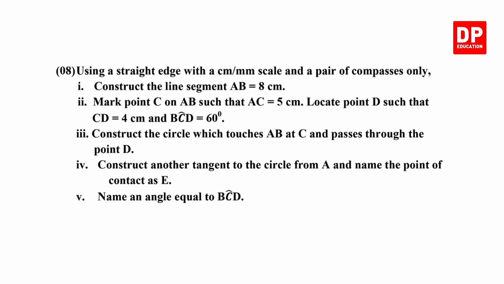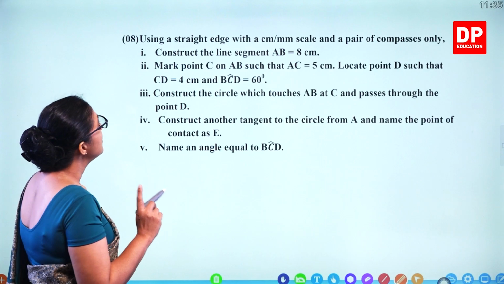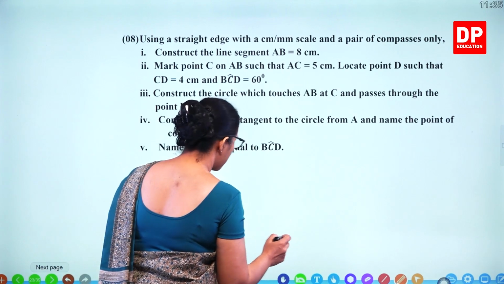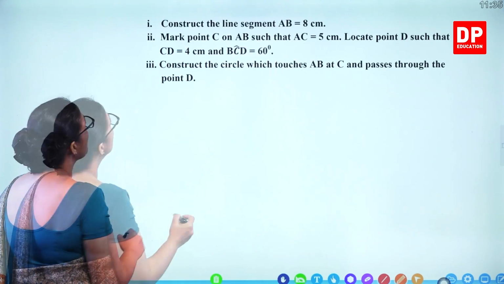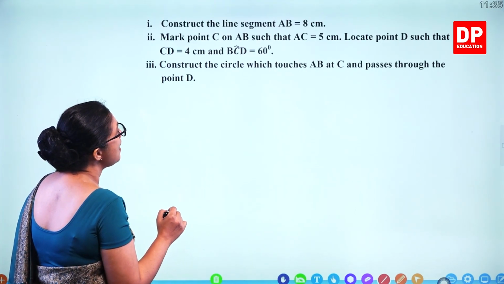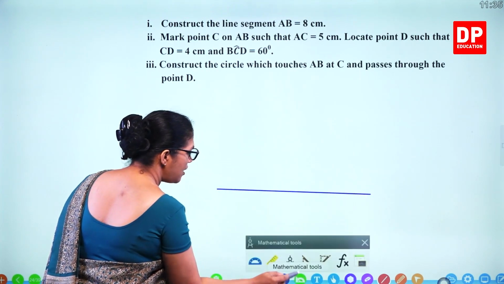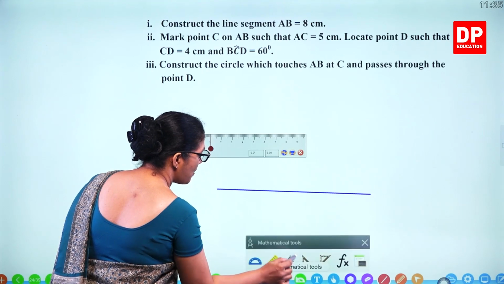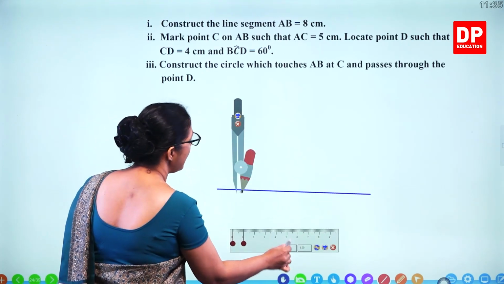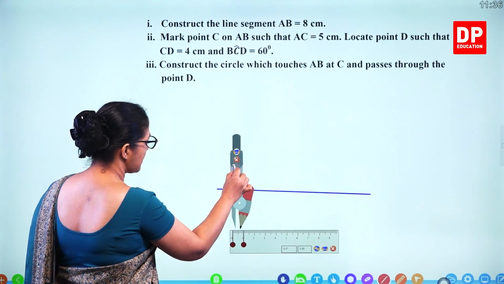Question number 8 is about construction. So you can use only the pair of compasses and the ruler. So we'll draw this. Construct the line segment AB with 8 centimeters. So you draw a line and then you can take the ruler and the compass to measure the length 8 centimeters.